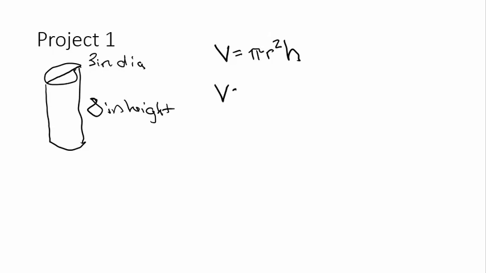So volume is going to equal 3.1416 times half of our diameter for radius. So half of our diameter is 1.5 inches squared times our height, which was 8 inches. So 3.1416 times 1.5 squared times 8.